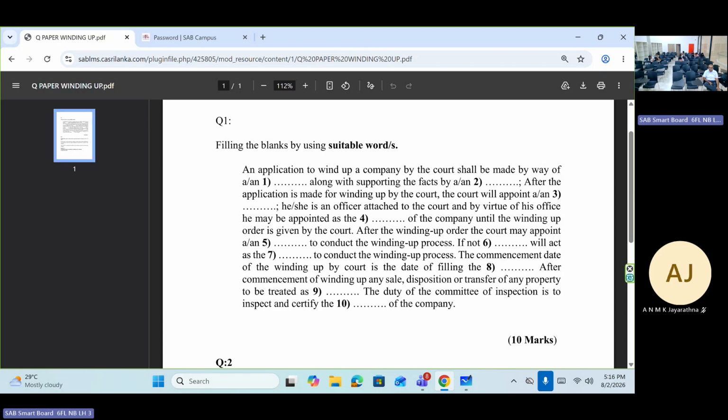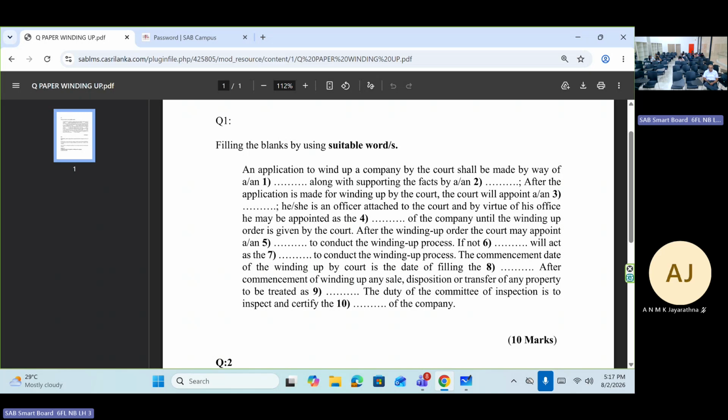Then after the application is made for winding up by the court, the court will appoint an official receiver.